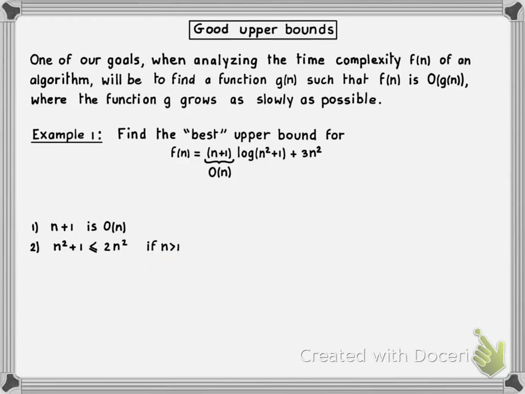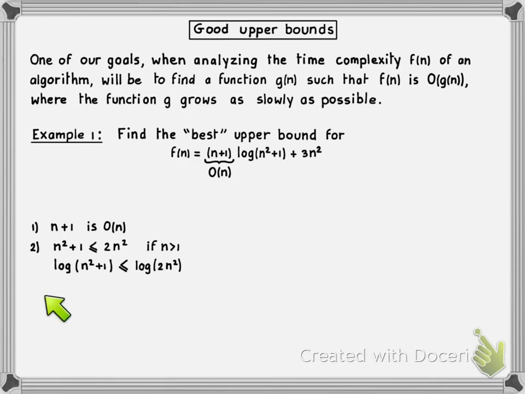Now, having established this inequality, we can apply the logarithm to both sides while preserving the inequality, because the logarithm function is a strictly increasing function. So the next inference is that log base 2 of n squared plus 1 is less than or equal to log base 2 of 2 times n squared.